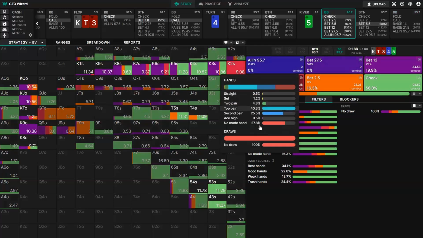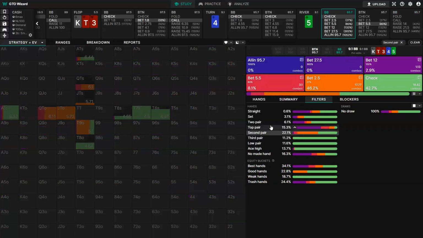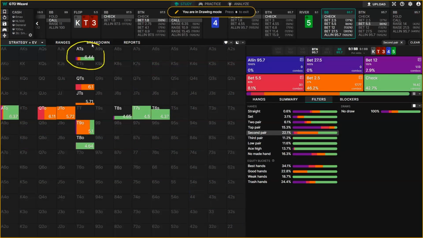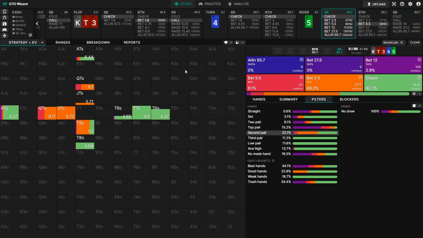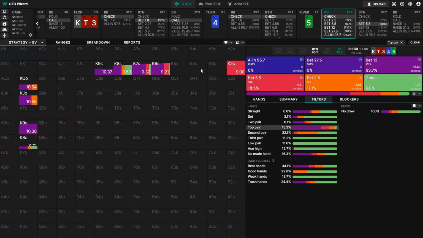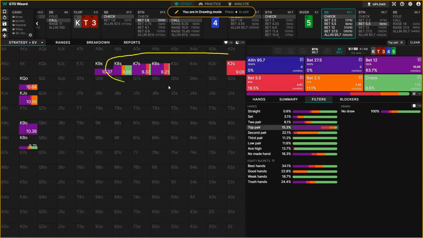So there's this funny thing out of position where to take a passive action, sometimes you need to have actually a stronger hand, right? To take the most passive action, which is the check, you need to have ace 10 and not queen 10 because ace 10 is strong and queen 10 is weak, right? That's kind of a funny thing out of position. So then we get to top pair and we see some checks here. Why?